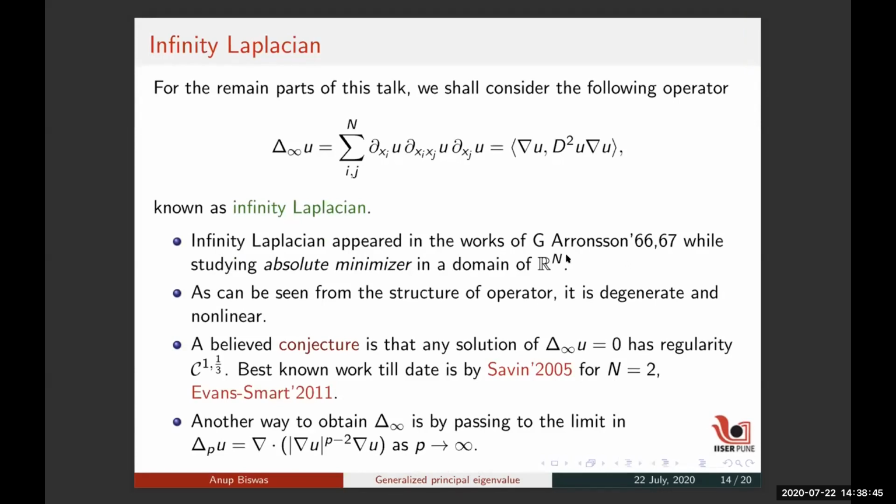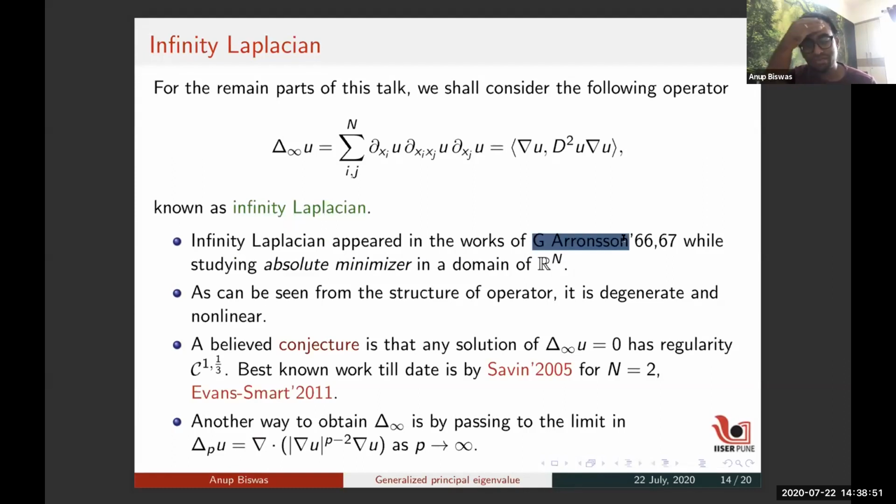So in the 60s, G. Aronson wrote, I think, 3 papers back to back, 65, 66, 67, and I have only read 2, so I have listed these 2. What he was trying to do is called the absolute minimizer in a domain.